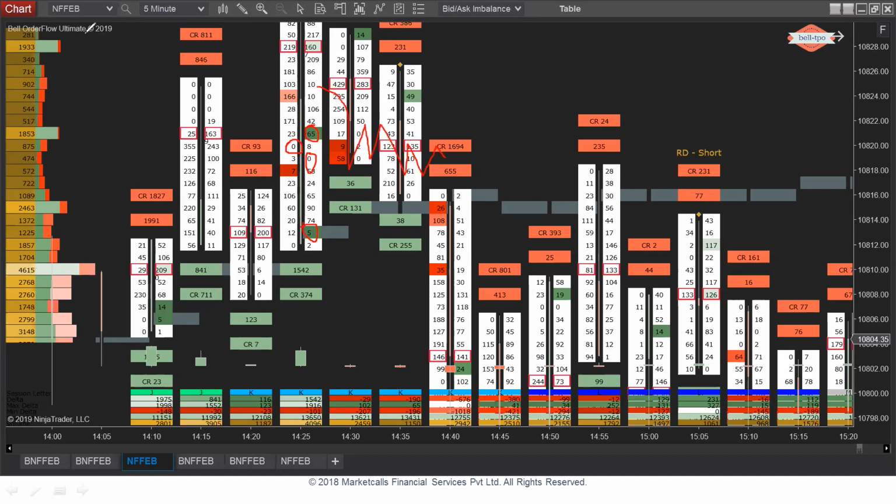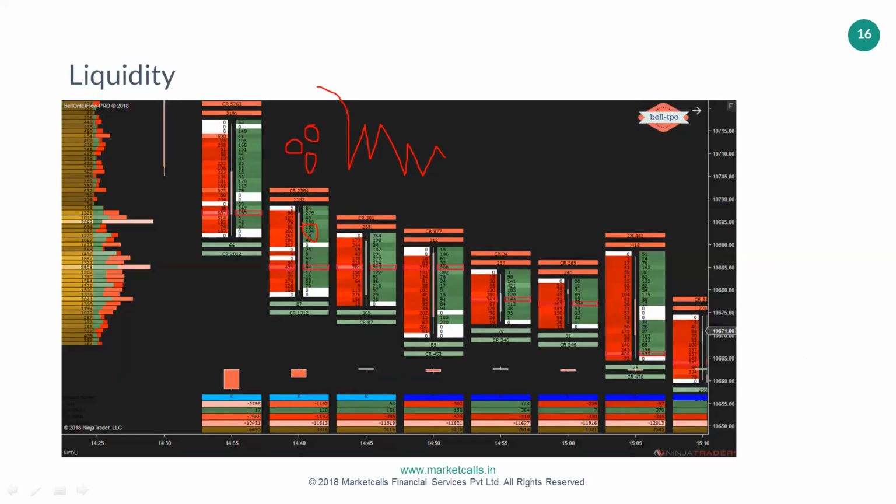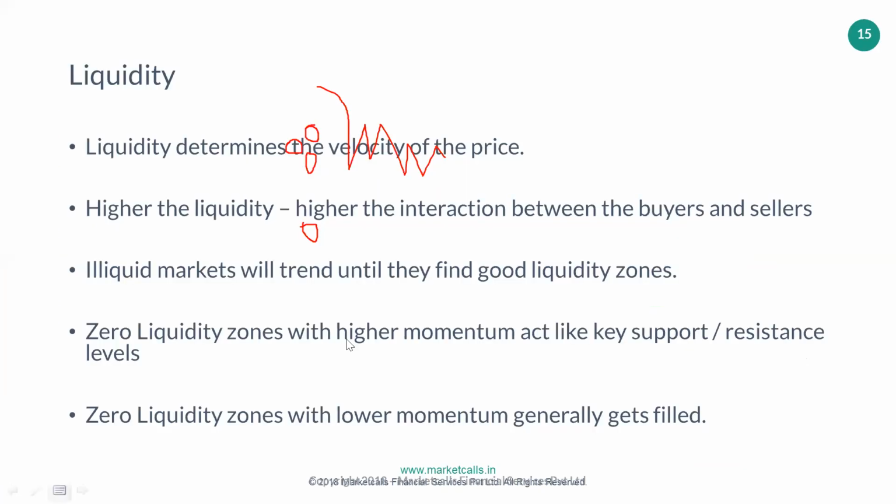That is what I said. So the zero liquidity zones with lower momentum: one of the examples we saw right now has lower momentum in that candle, and those zero liquidity zones generally get a fill. So we will not consider that as a key support or a key resistance.